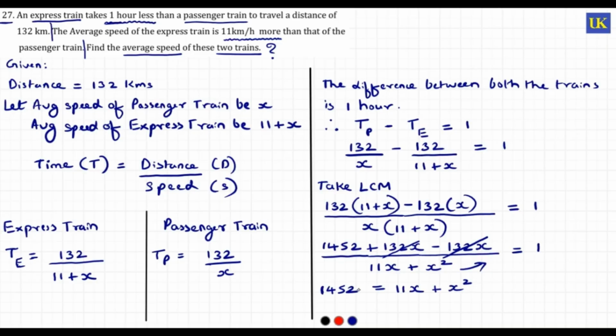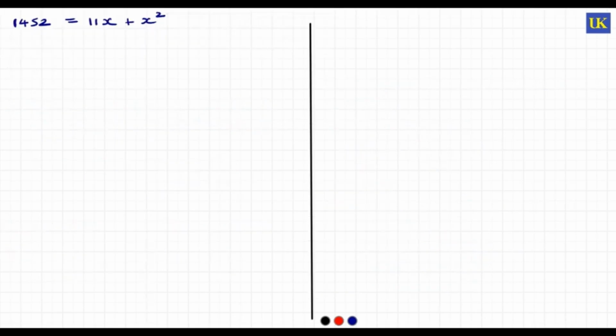Okay, now we will solve this next part on the next page. Okay, now I have written it once again on this page. Now we will transfer this to the other side. So what will remain is we will have x square plus 11x. I'm writing it in proper order.